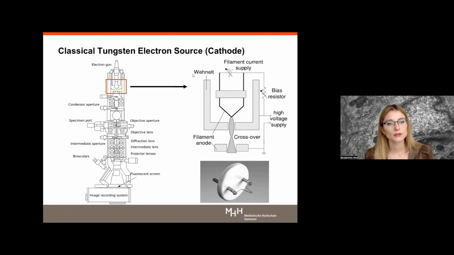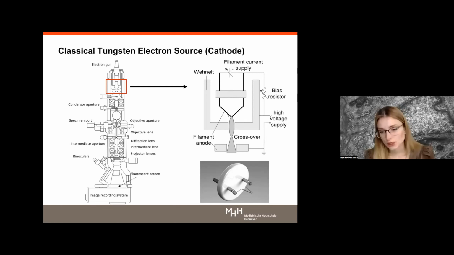The main point is that this gun is connected to a high voltage supply, and when we pass current through the filament, for example tungsten, this is responsible for the emission of electrons. We call it thermionic electron emission.